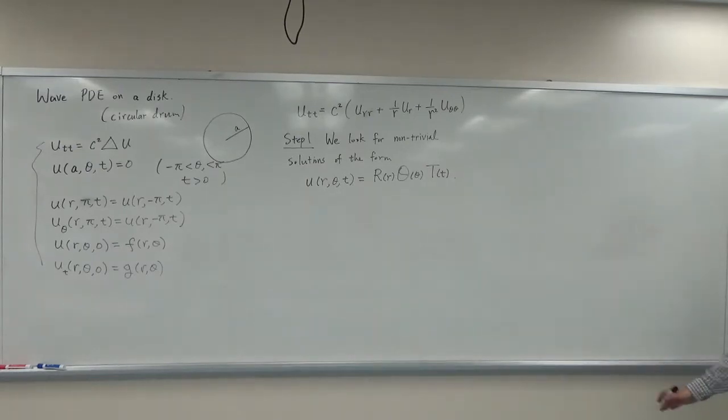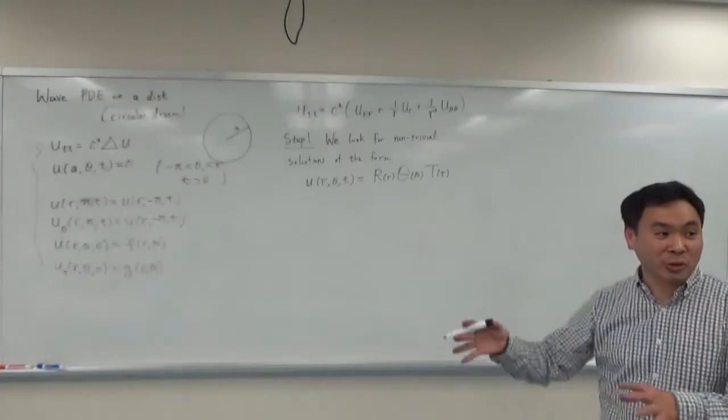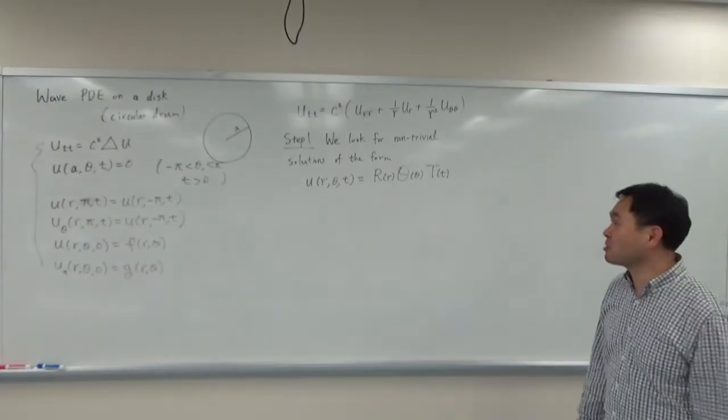So for everything that looks like that, and then hopefully we get enough building blocks of the solutions so that we add them up, we get the general solution. That's our idea.